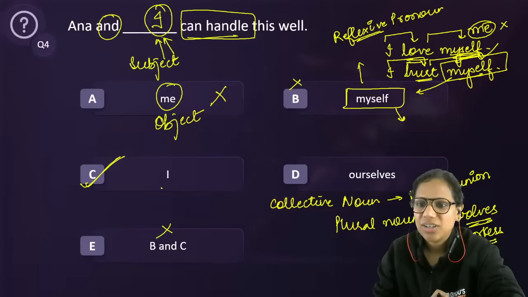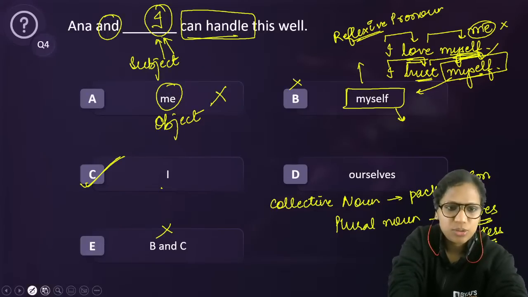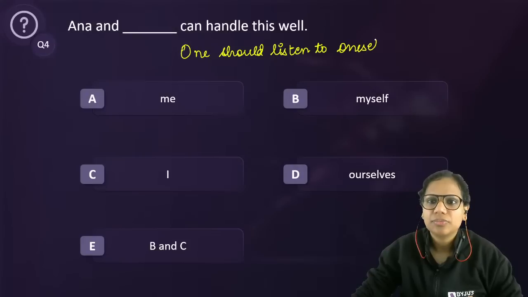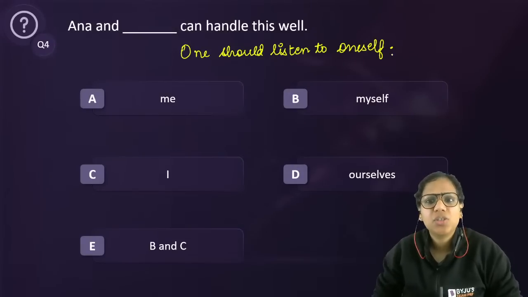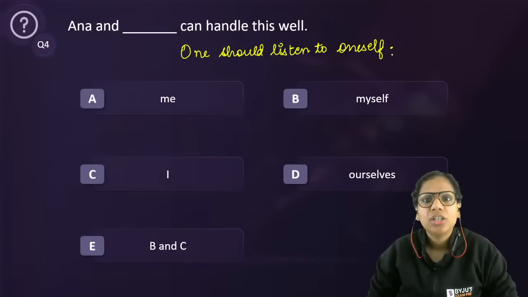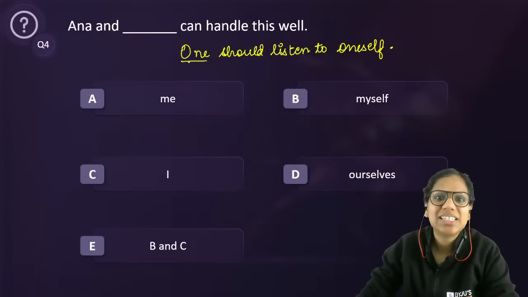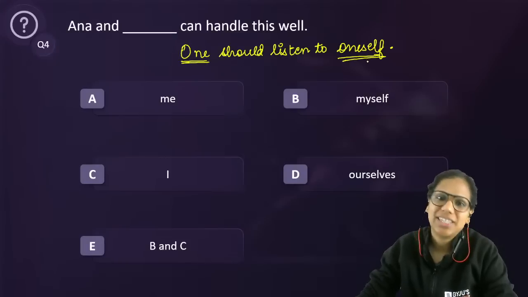Okay. When do we use oneself? A good question. One should listen to oneself. Let's say you are confused about a life decision, and I tell you, you should listen to yourself, do what your heart says. And then I say, in fact, everyone should do this. So I generalize this and I say, one should listen to oneself.